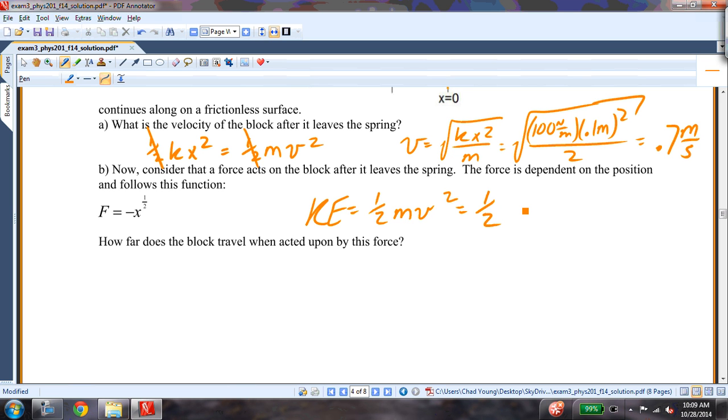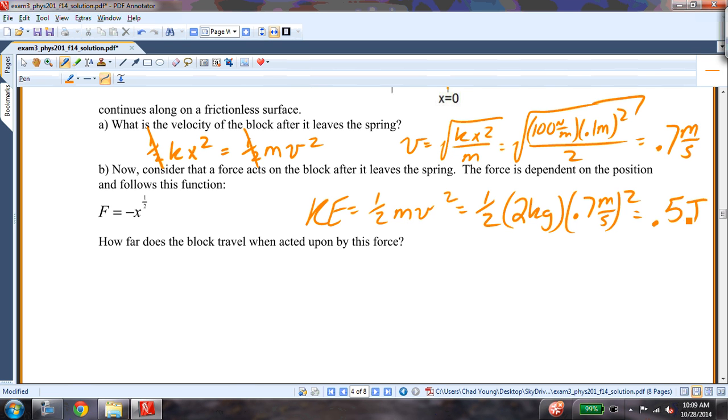That's a half of the mass, which is 2 kilograms, times v, which is 0.7 meters per second, squared. Okay, so my total kinetic energy is 0.5 joules. That's my total energy.